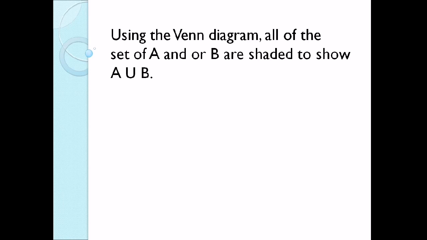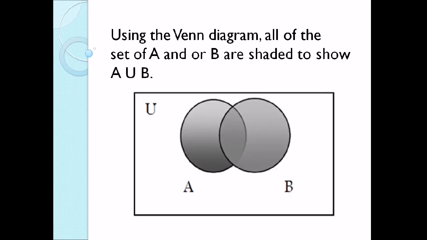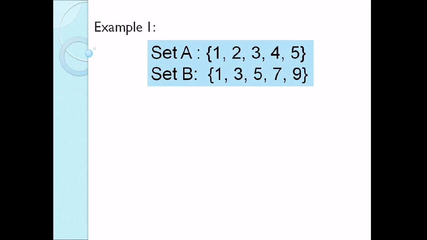Ayan. So using the Venn diagram, all of the set of A and or B are shaded to show A union B. So lahat ng shaded na parts sa inyo nagpapakita ng A union B. So you just combine all the elements or all the members.